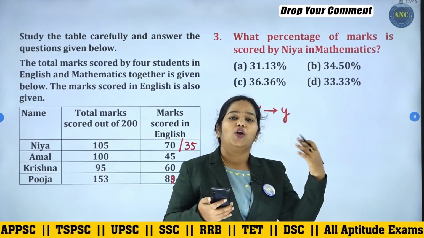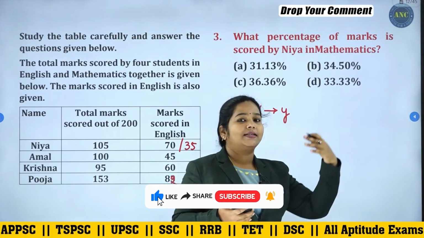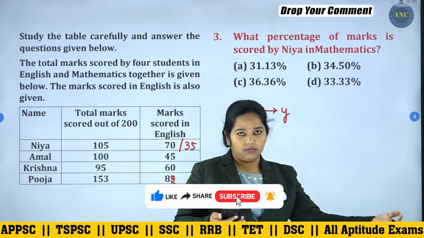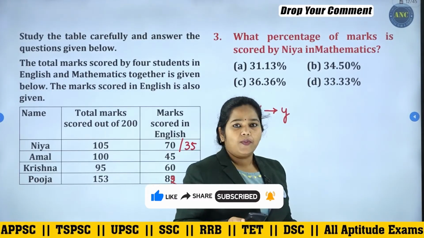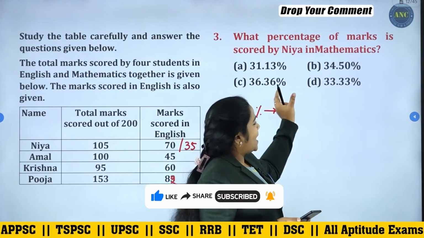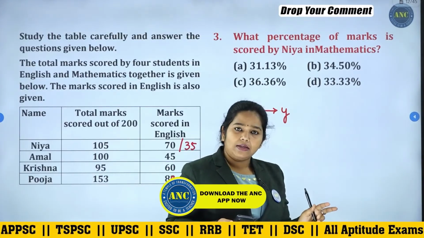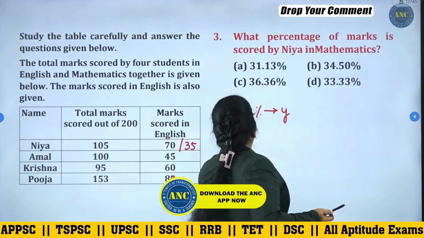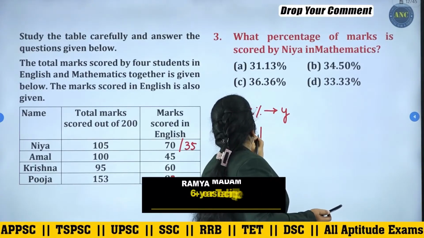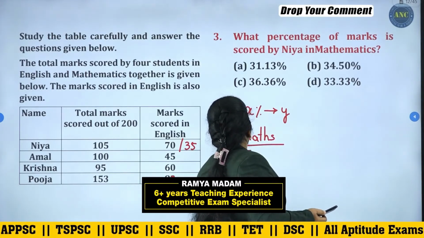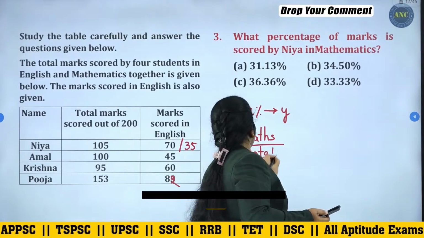What is X percent of Y? What is mathematics score of total score? How do we calculate percentage of marks? Maths marks divided by total marks into 100. Marks scored in mathematics divided by total marks into 100.